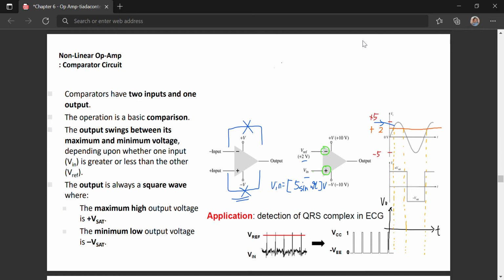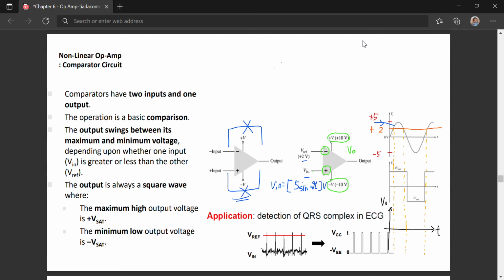Therefore, since Vin is connected to positive part, we compare Vin with Vref, and then we find what is the output, Vout. Okay, so the output will always be either positive 10 volt or minus 10 volt.